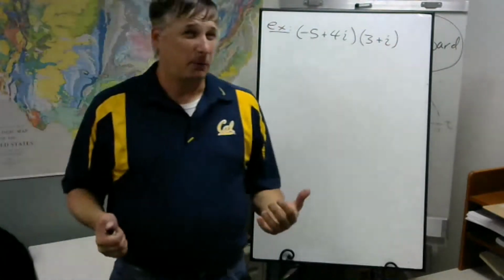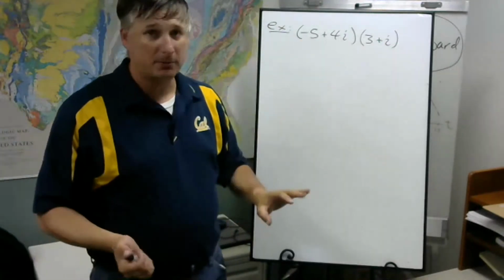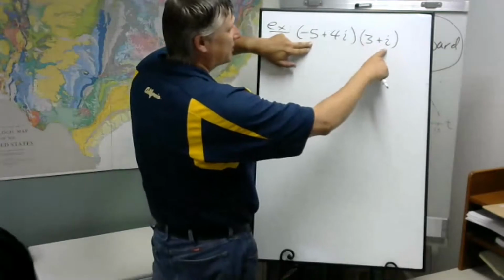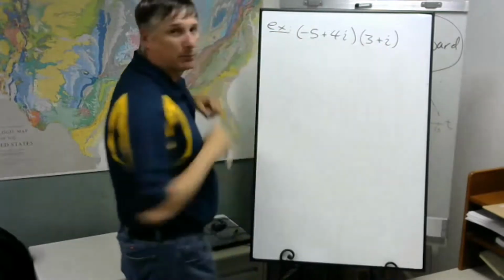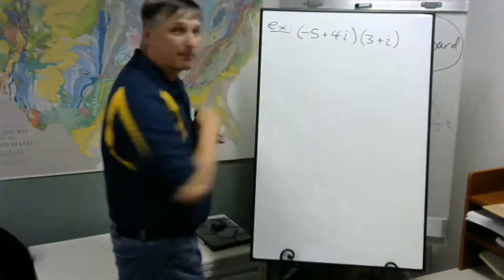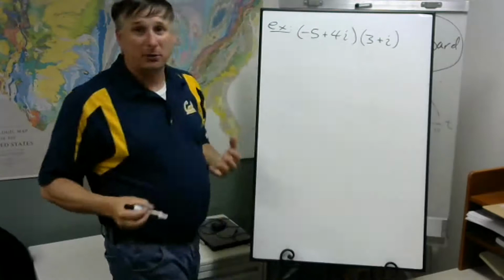If you remember what FOIL is, we multiply the first terms of each binomial, the outer terms of the entire multiplication, the inner terms of the entire multiplication, and the last terms of each binomial.